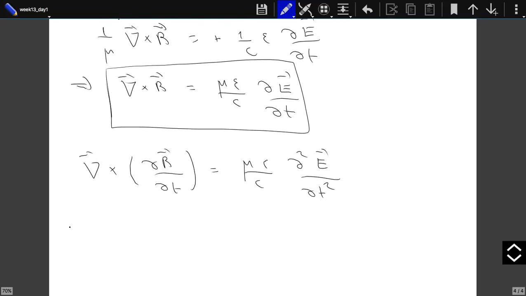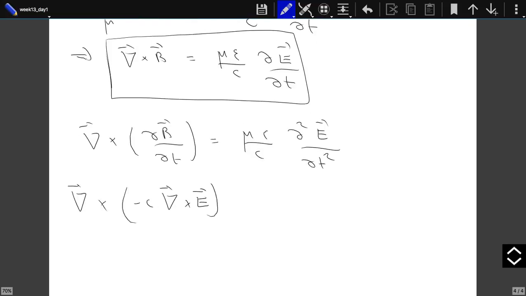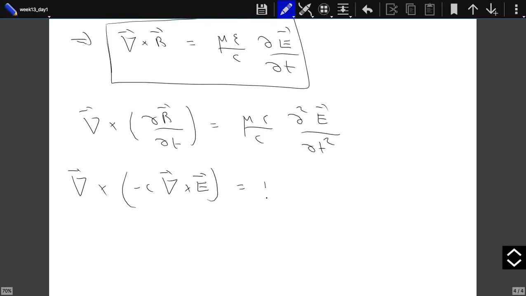But the time derivative of B is nothing but minus c, the curl of E, because of here. This is equal to mu epsilon over c del squared E by del t squared.